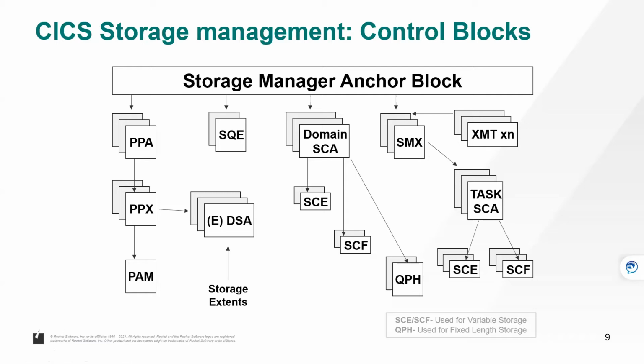And the storage manager transaction will point to the task subpool control areas. And we're going to find out in just a moment that tasks get storage below the line, above the line, and above the bar in 2 different DSAs. So at the very least, you're going to see every task get storage in 6 subpool areas.